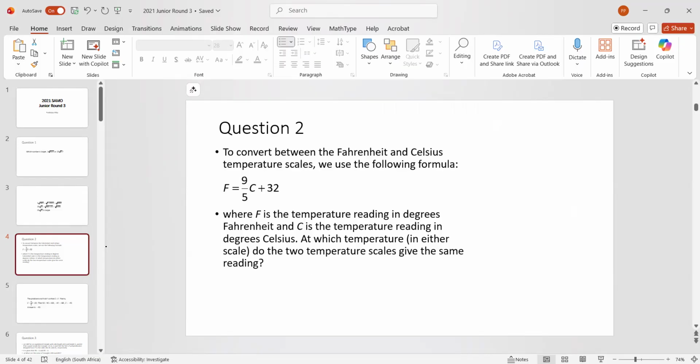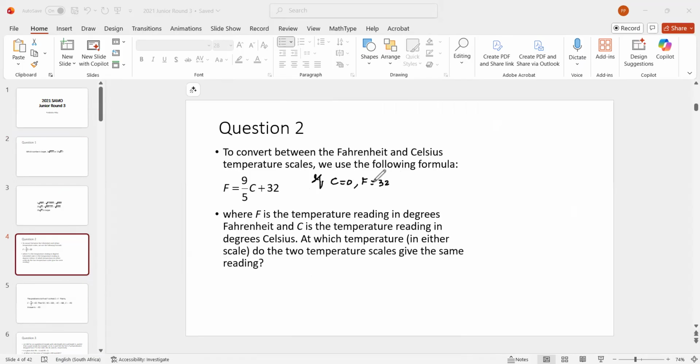Right? But centigrade is very much more natural. Freezing is 0 and the boiling point is 100 degrees. So there is a conversion between these two. This is a formula for the conversion. Let's take if C equals 0, F is equal to 32.